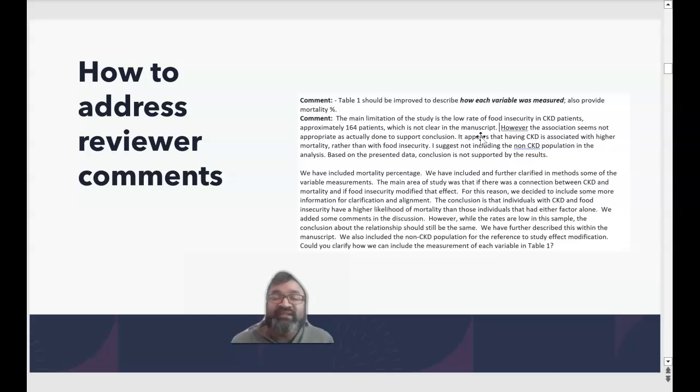So here, to address this, what I did is change how the paper was reading. Some of the areas were not quite aligned, and errors are very much a part of the publication process, and something that is very human.